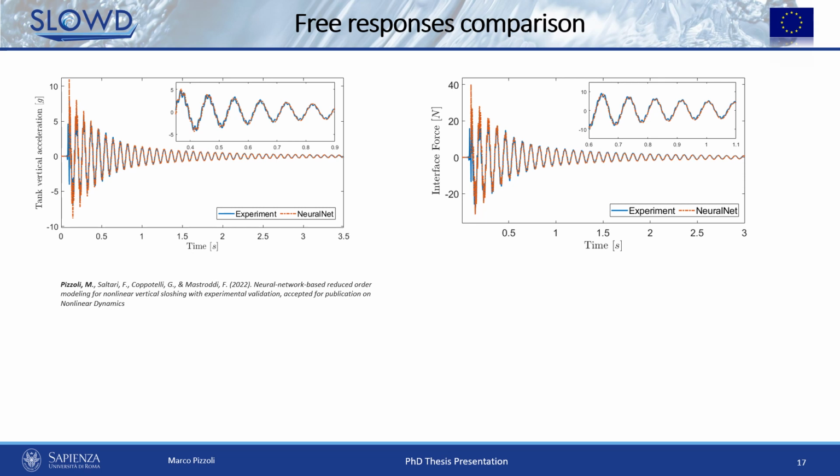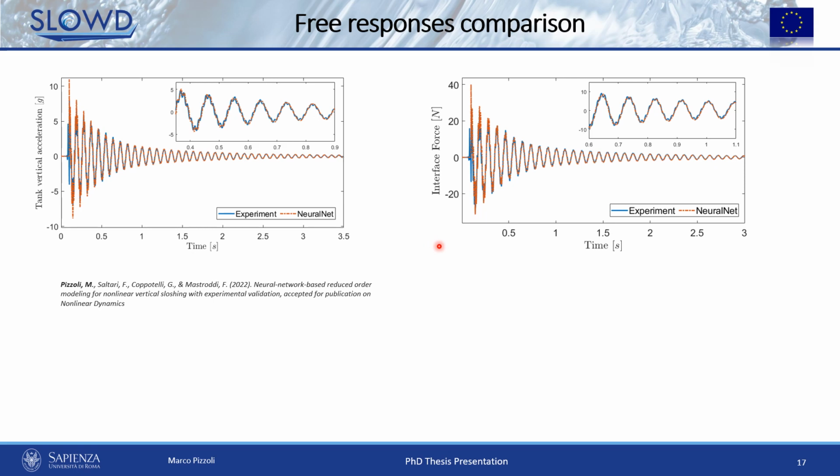And so by comparing the experimentally measured data with the numerical data obtained by simulating the numerical model containing the neural network, we obtain the results shown in the figure in terms of vertical acceleration of the tank and force exchanged at the interface between the tank and the beam.